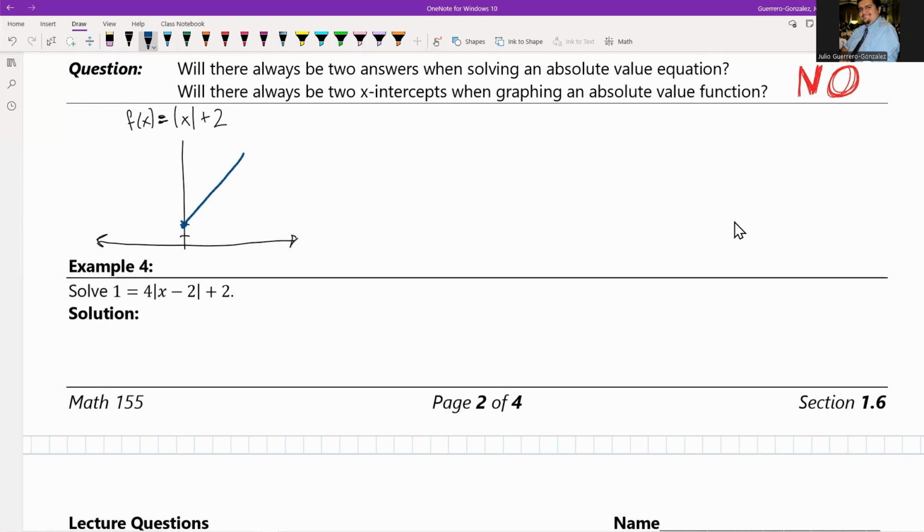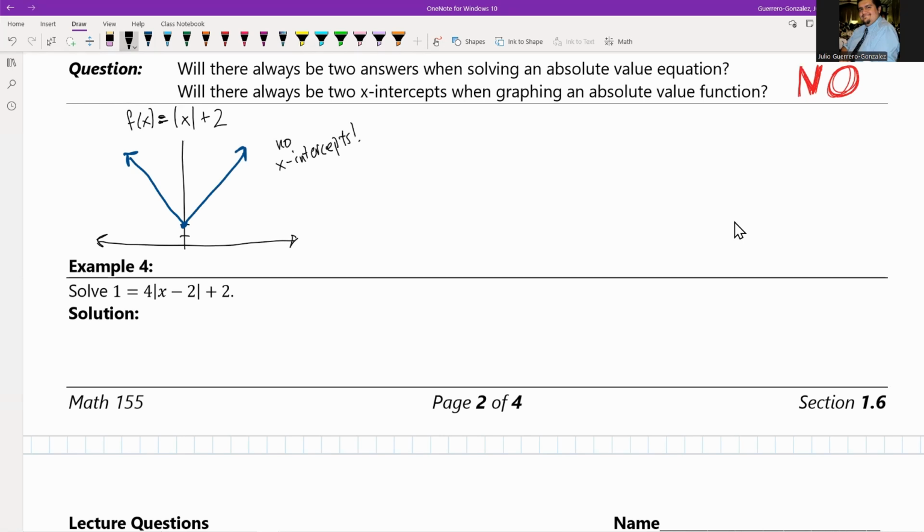I'm not going to draw it exactly, but close enough. Now the question is, does it cross the x-axis? Do we have two x-intercepts? The answer is no, we don't have any. There are no x-intercepts for this.